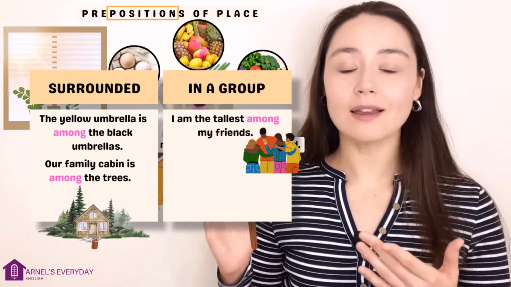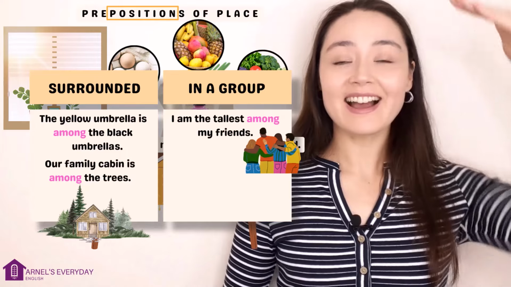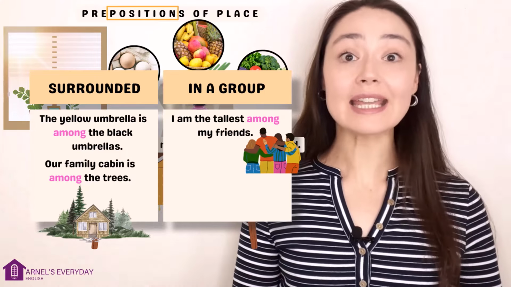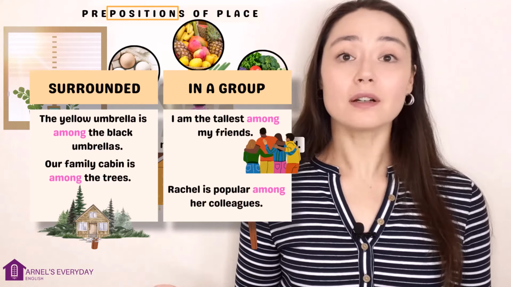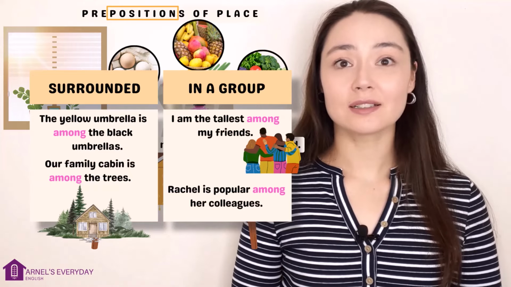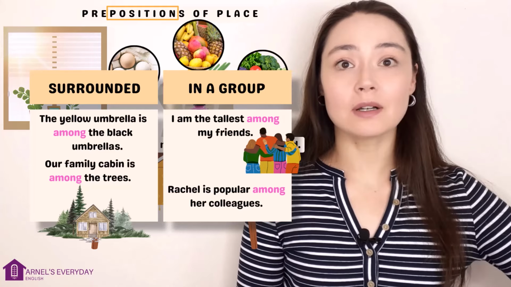Among can also mean in a group. I am the tallest among my friends. This means I am the tallest in this group. Rachel is popular among her colleagues. She's popular in this group. Maybe you know the popular video game Among Us.